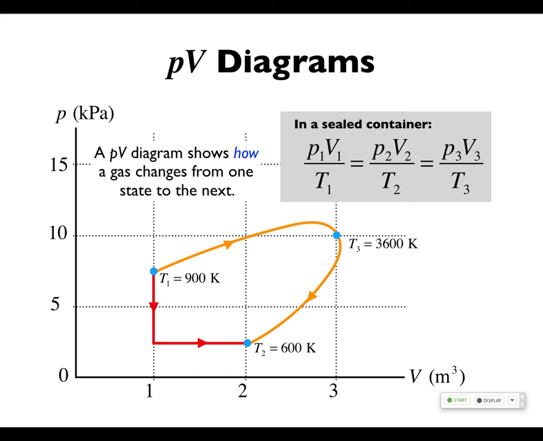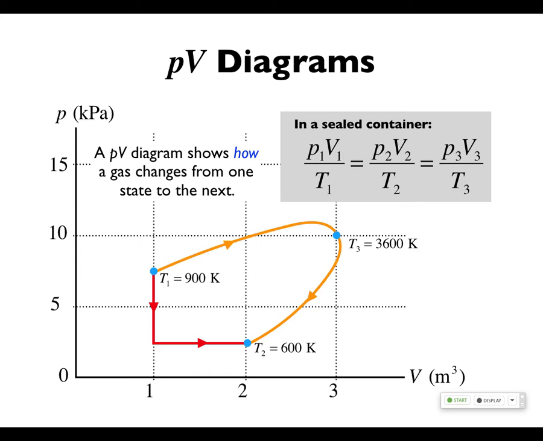But here's 2 different ways you can get there. In this case, you have an isobaric, right, constant volume, right? You change just the pressure, and then you change just the volume. So you're passing through some temperatures, but these temperatures are all going to be less than 900 Kelvin because you're going this way. If you go this way, you've done something else, and you go through this crazy temperature.